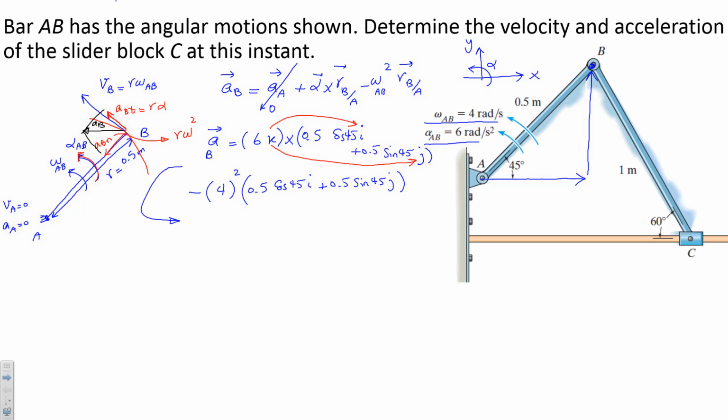So if you do the math, you will end up with this equation. AB is equal to minus 5.5 square root of 2 in I direction minus 2.5 square root of 2 in J direction, and the unit is meter per second square.